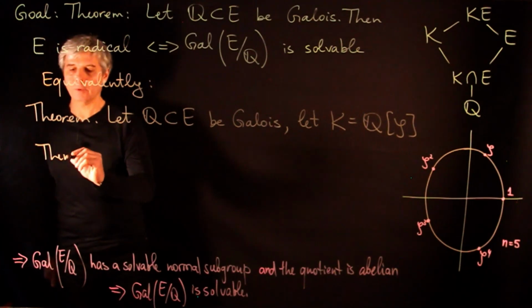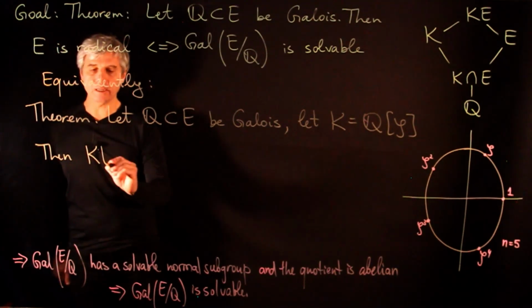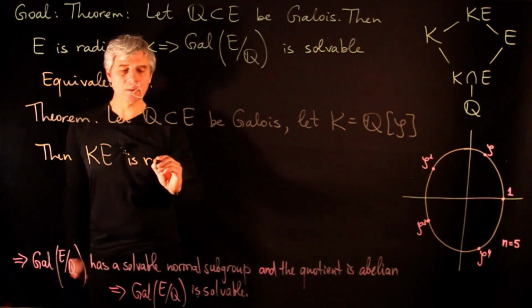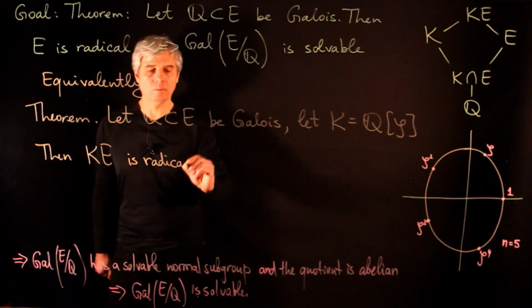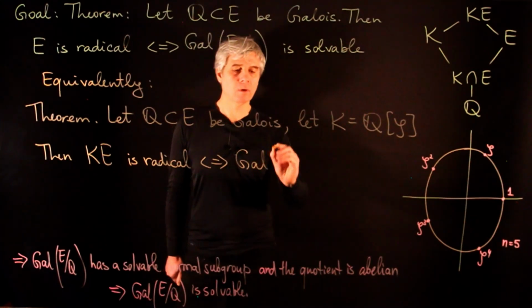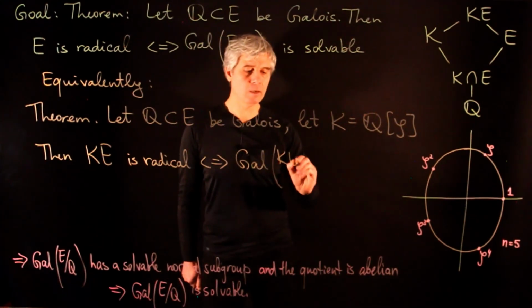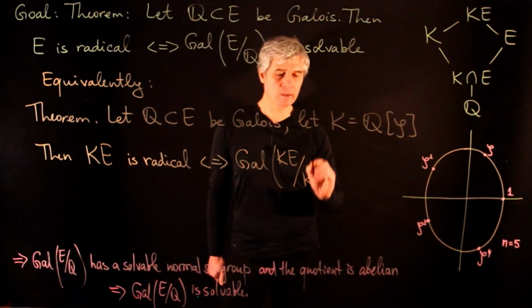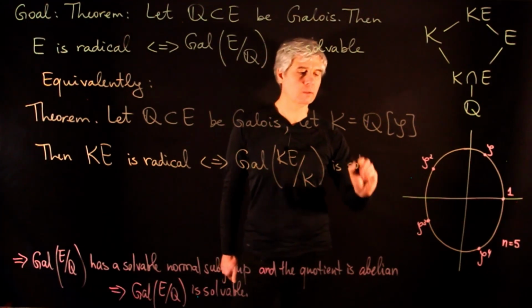Then the field KE is radical if and only if the Galois group of KE over K is solvable.